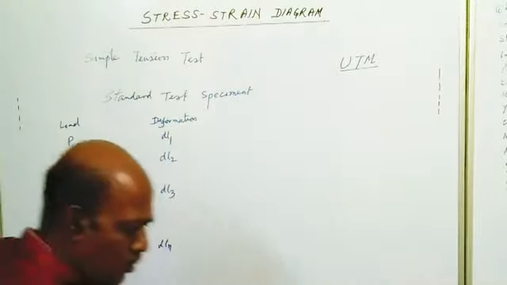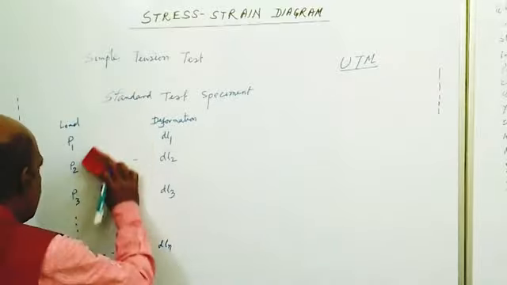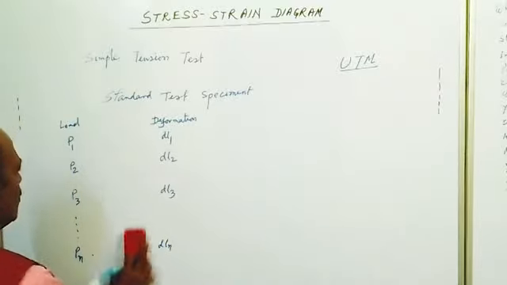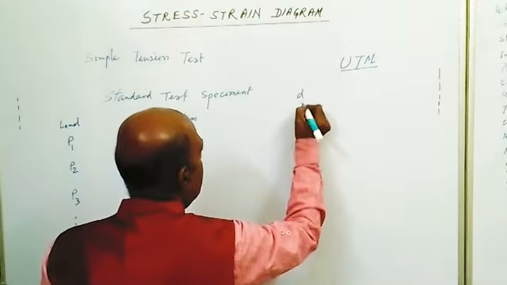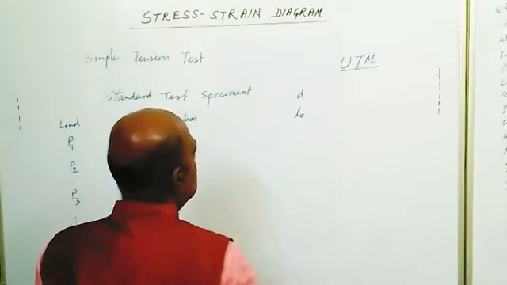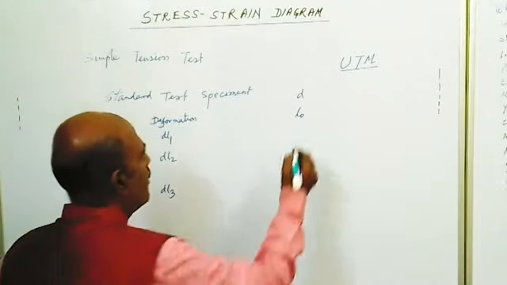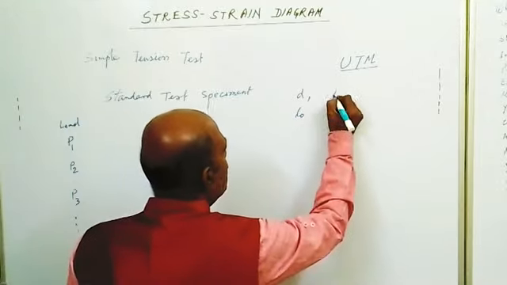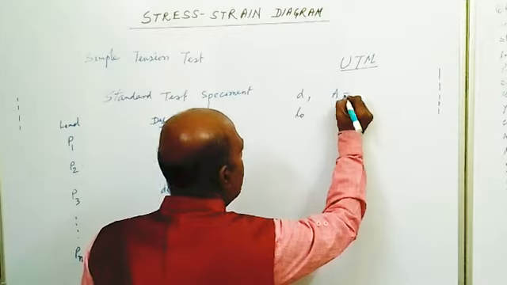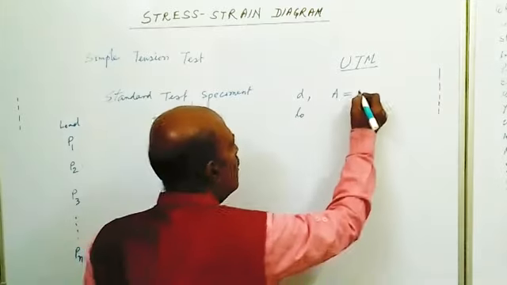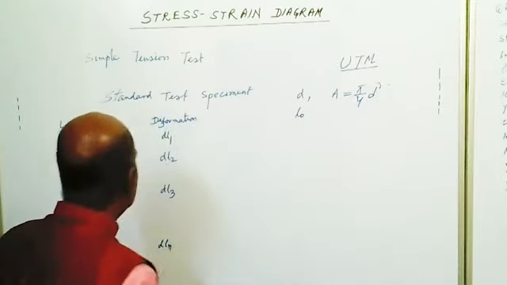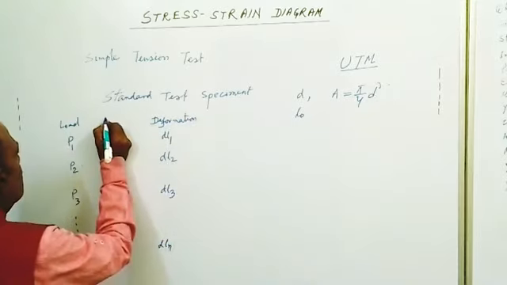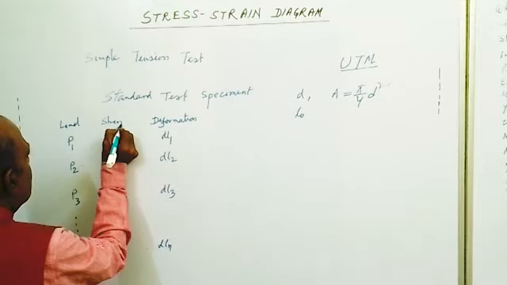Now we know the deformation and load. Also initially we have taken the diameter D as well as L0. Once D is known, we can find the initial or original cross sectional area, which is equal to pi by 4 D square. So what is the stress developed at various points?